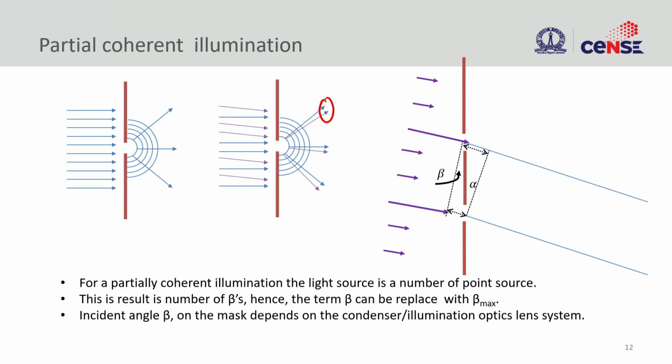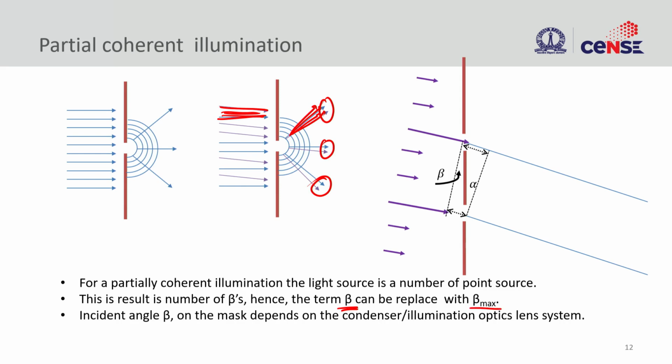You can see here the diffraction from the normal incidence and with a slightly different angle. I'm only taking two distinct cases, but in reality there will be a continuous variation between this and this. So there will be multiple rays coming in, and in that case it's not anymore two distinct orders, it's going to be continuous. So instead of taking just an individual beta, we take beta max.